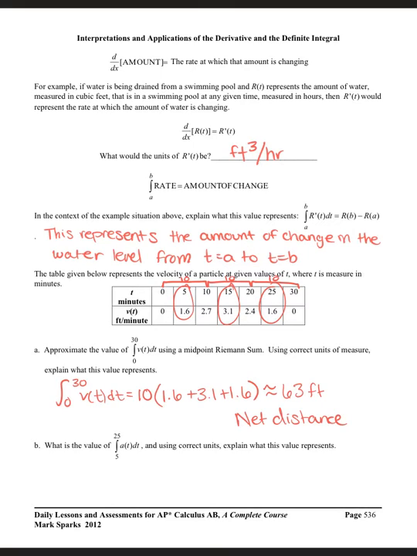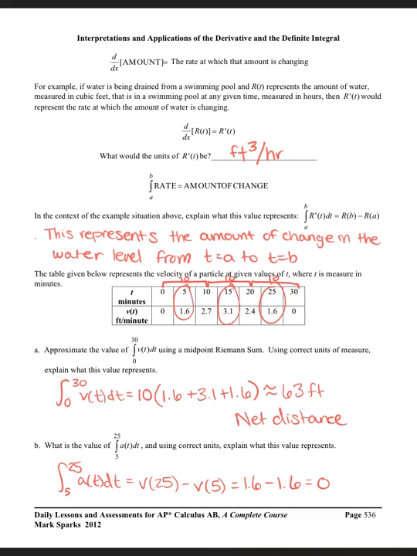If we look at part B, what is the value of the integral from 5 to 25 of a of t? If we integrate a of t, that's the same as saying v of 25 minus v of 5. V at 25 is 1.6 minus v at 5 is 1.6 as well.